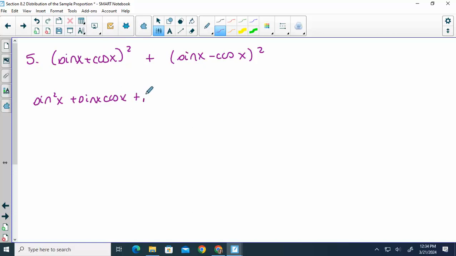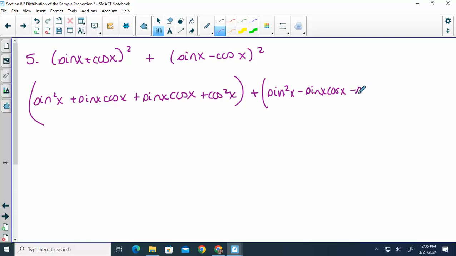Cosine times sine is again sine x cosine x. And cosine times cosine is cosine squared x. So this represents the first one, if I FOIL it. If you do the second one, sine times sine is sine squared. Sine times negative cosine. Negative cosine times sine. Negative cosine times negative cosine.